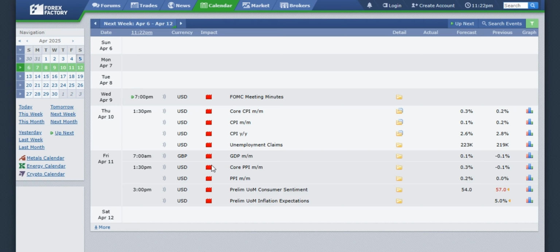Friday we have GDP at 7 a.m. Then we have core PPI at 1:30, then preliminary consumer sentiment at 3 p.m., and inflation expectations. So these are the news for next week.